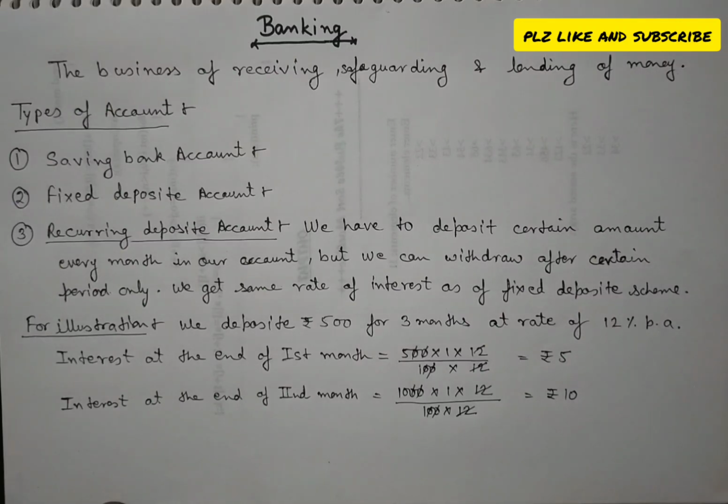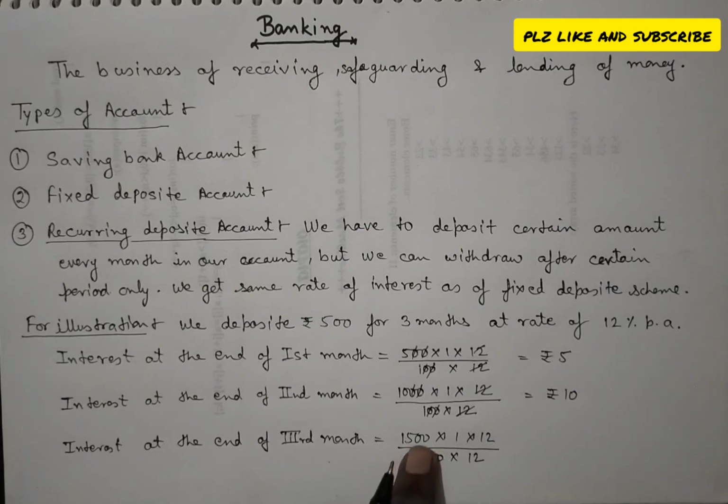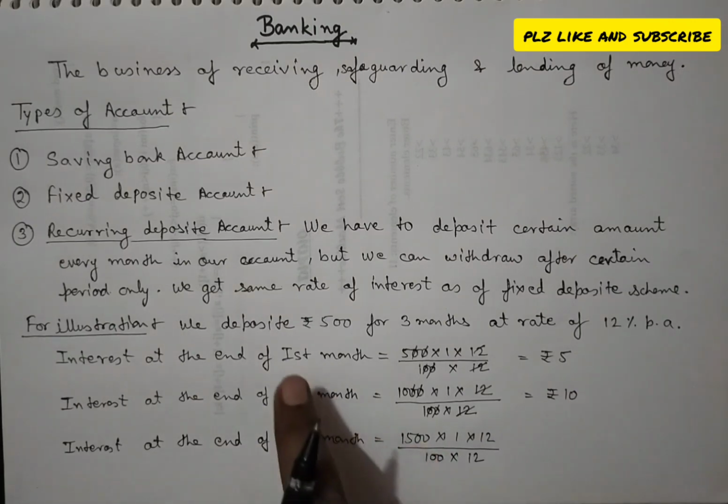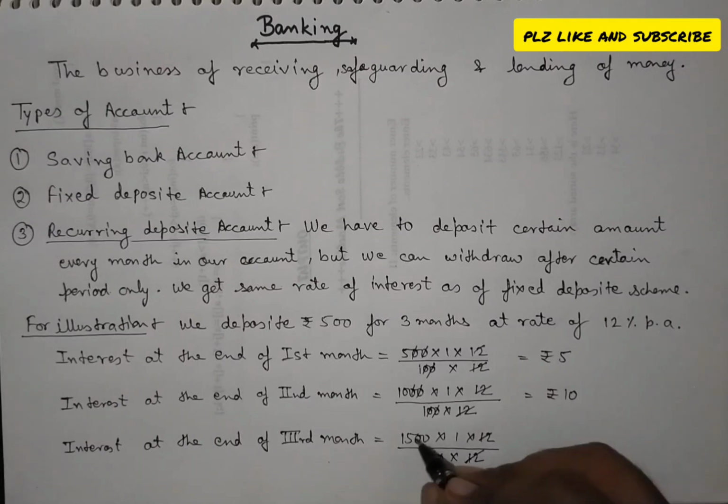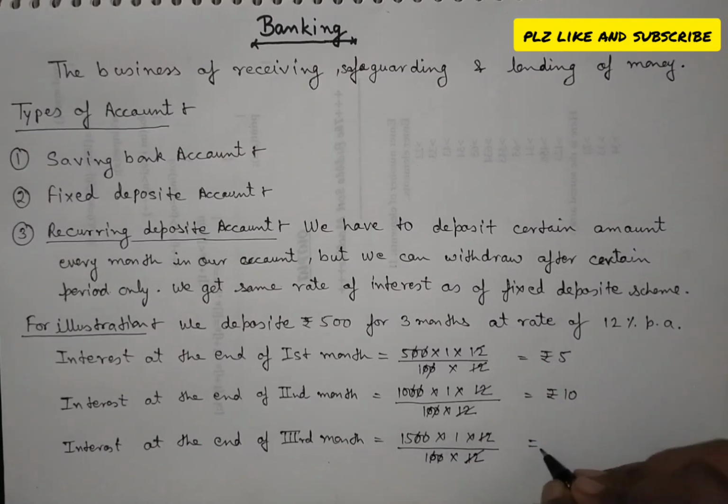And now for the third month, we have got 1500 as the amount. By the time, 1500 rupees has been submitted, 500 each in the first, second and the third month, and now we solve it, and we get rupees 15 as the interest for the third month.